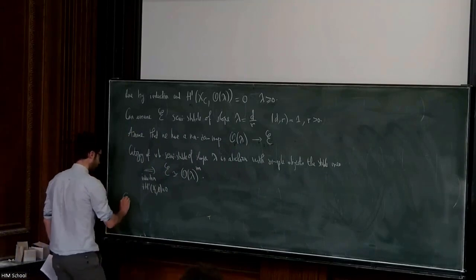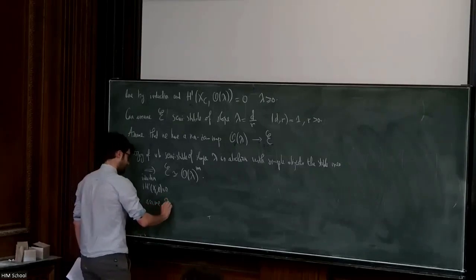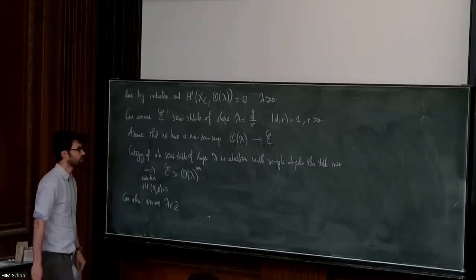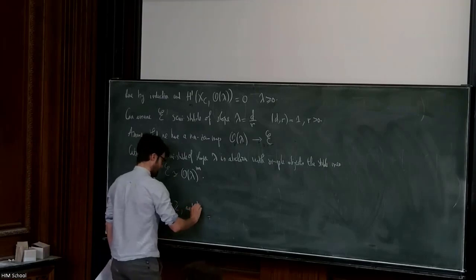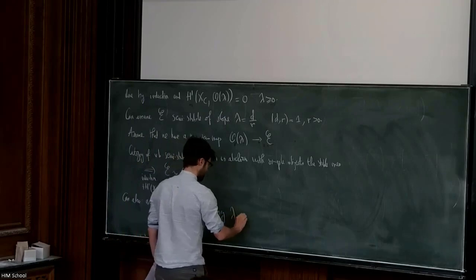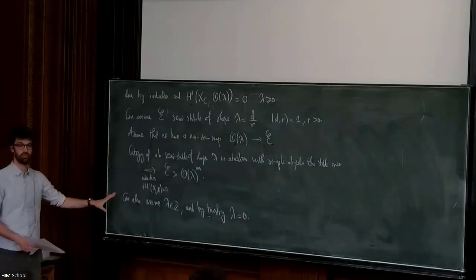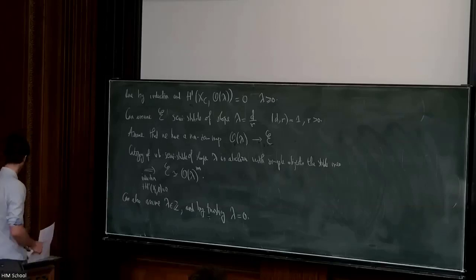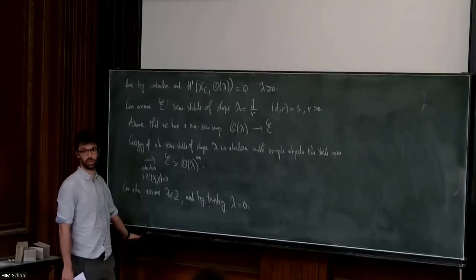So up to changing E, I can assume that lambda is in Z, and then by twisting, even assume that lambda is 0. Okay, so this is the setup we have reduced to. We have a semi-stable vector bundle of slope 0, and we want to produce a non-zero global section.